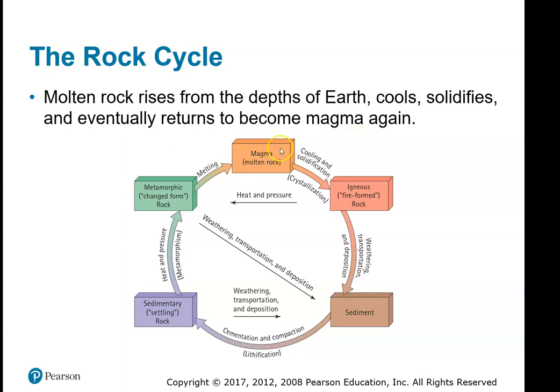Where we started originally. Magma, of course, is molten rock underneath the surface, and if it does reach the surface, you can have basalt, which is a type of igneous rock.